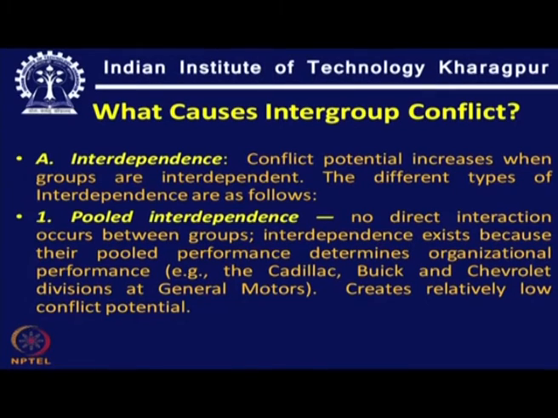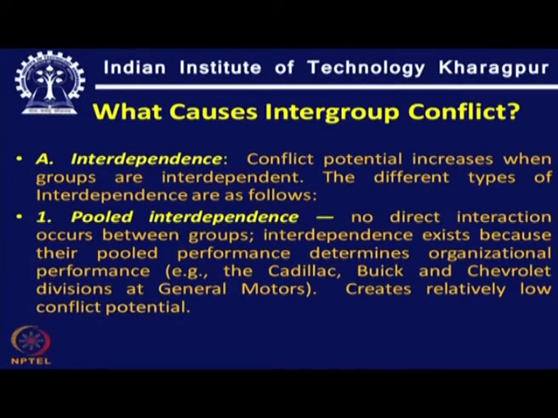interdependence, though there is no direct interaction between the members from two different groups, interdependence exists because their pooled performance determines organizational performance. So, it creates relatively low conflict potential.